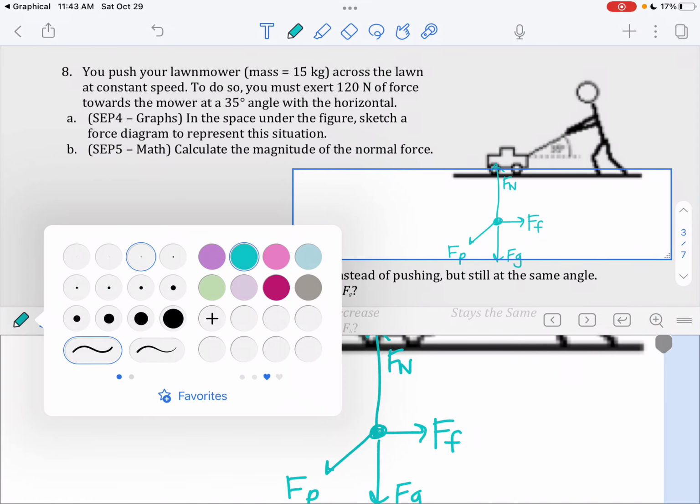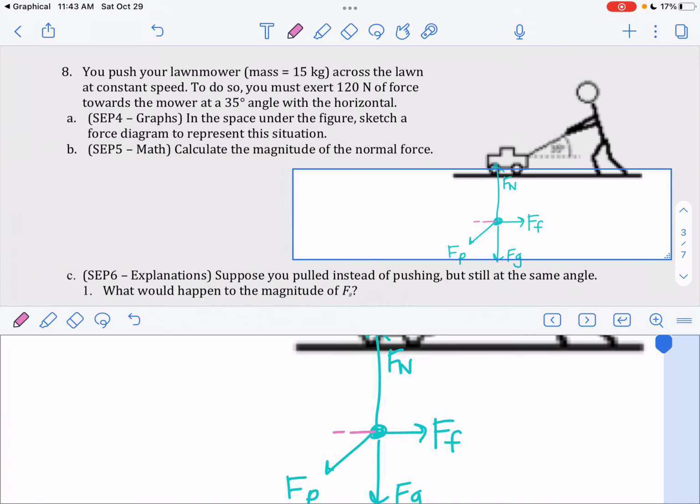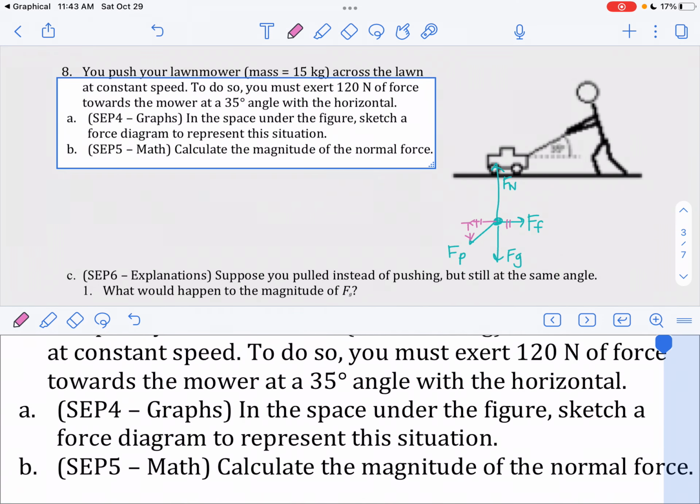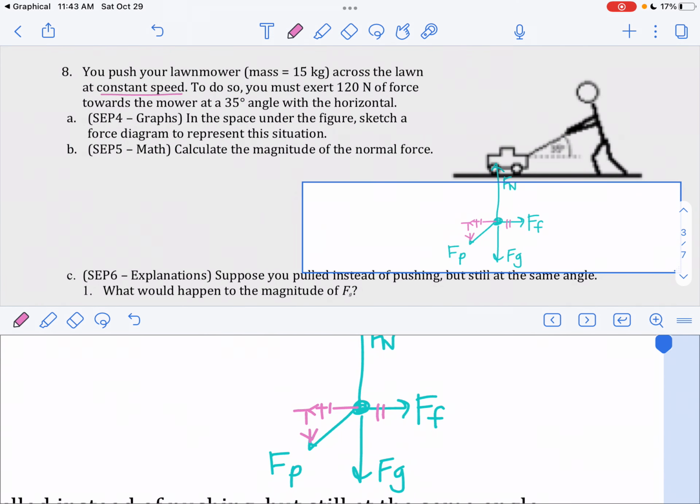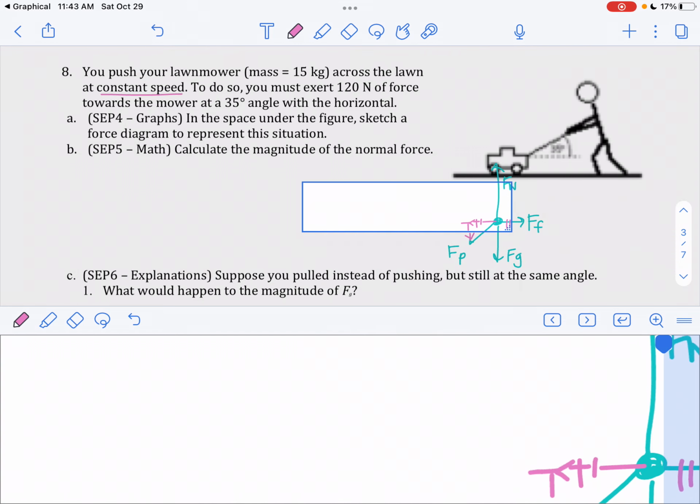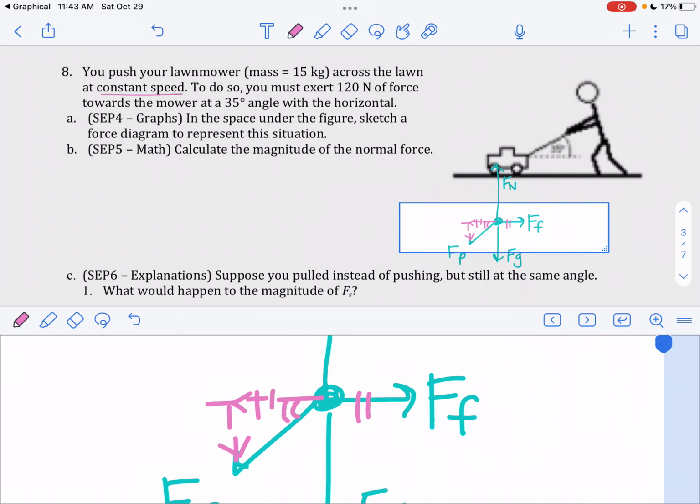Now I need to break up my FP into components. So here's my X, here's my Y. My X component and my force of friction are going to be equal because it's a constant speed, and those are the only two forces acting. And then I know my theta is going to go right here.